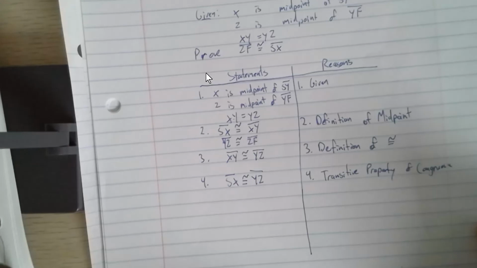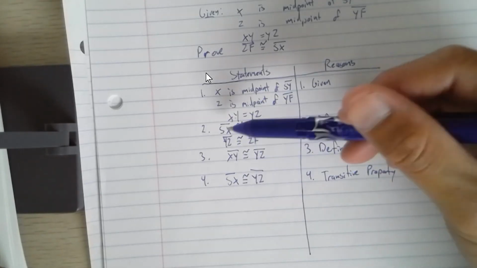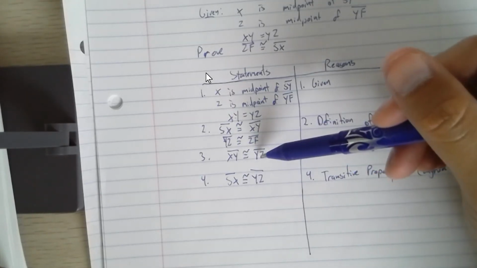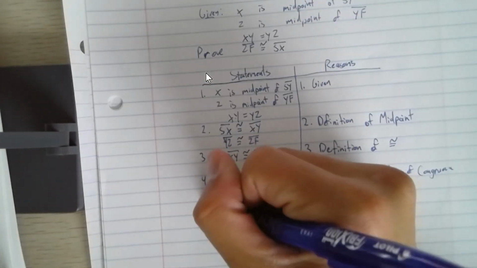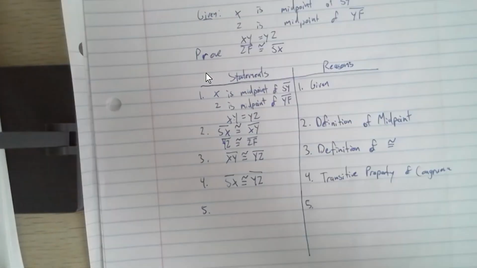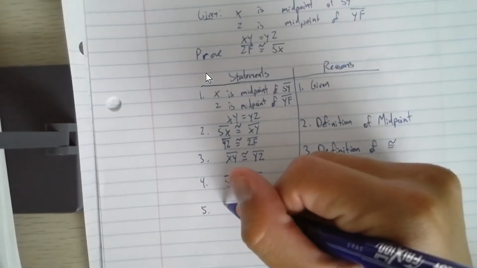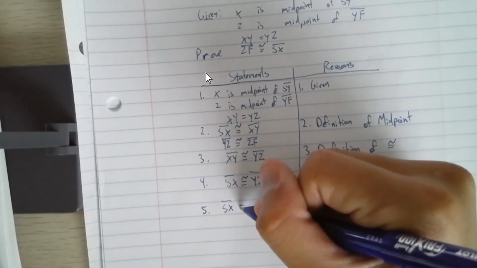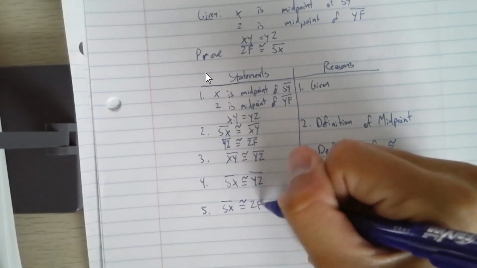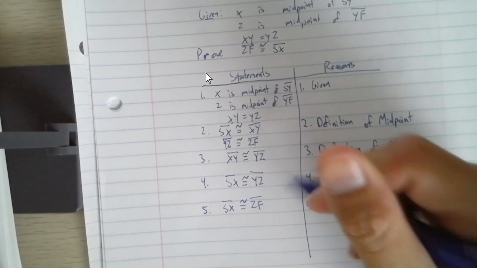Okay, sorry for taking so much time to solve this. Also, let's see, what else can we say? Another thing is, if YZ is also congruent to ZF, then that means SX is congruent to ZF. Again, that is another transitive property of congruence.